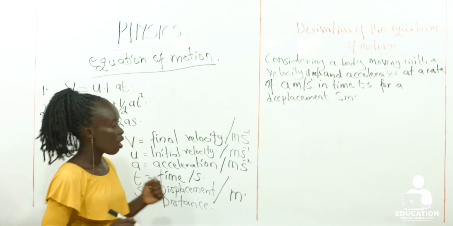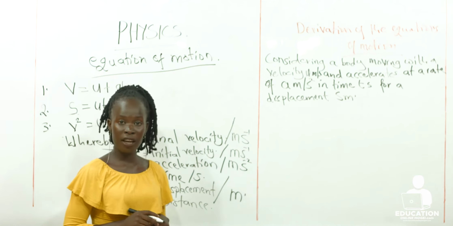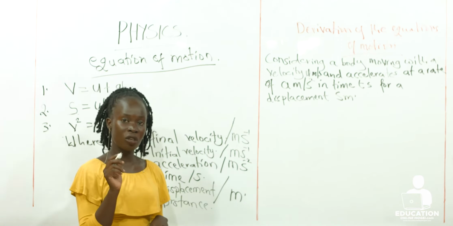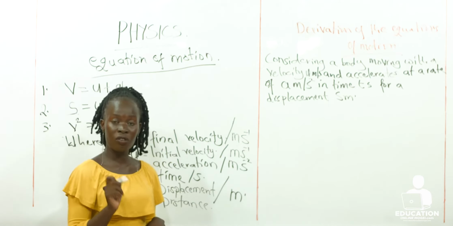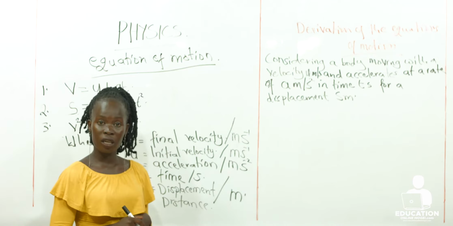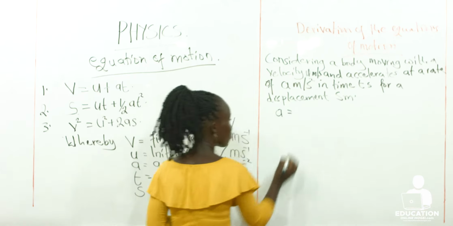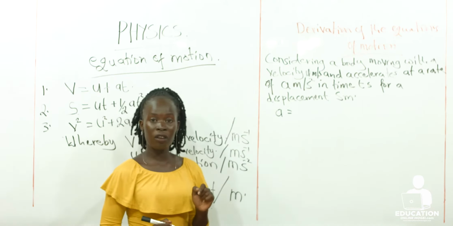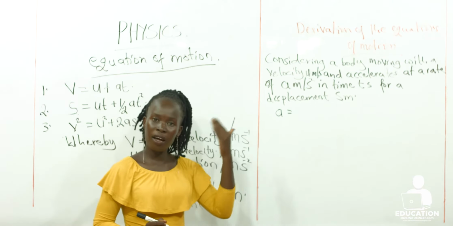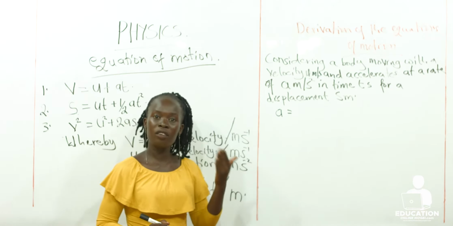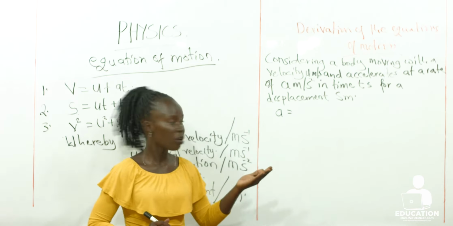Let's look at this. To derive the first, you have to get it from the definition of acceleration. We say that acceleration is the rate of change of what? Of velocity with time. Acceleration is equal to the rate of change of velocity, which is when you subtract the initial velocity from the final velocity, then you divide it by the time taken for the body to move with that velocity.